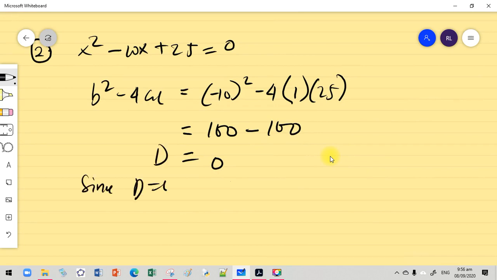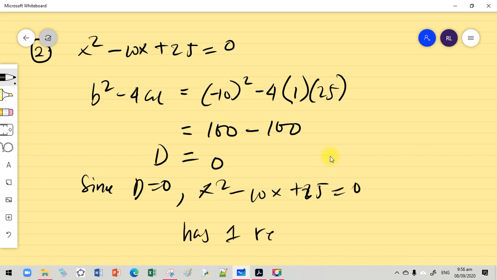Since D is equal to 0, x squared minus 10x plus 25 equals 0 has one real solution. That's it. We simply take a look at this result.